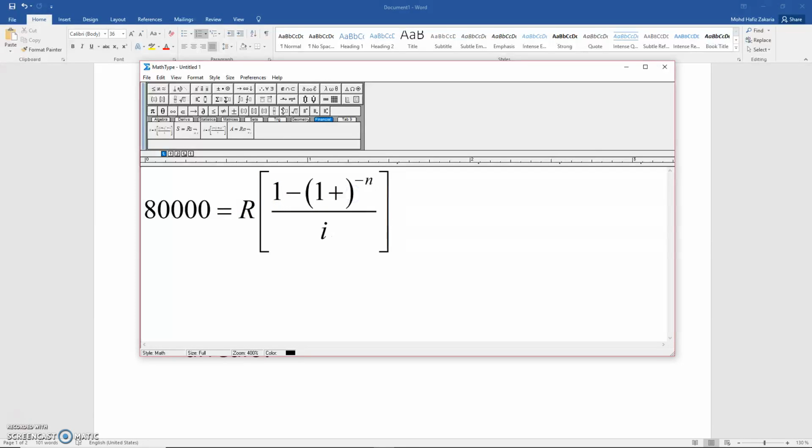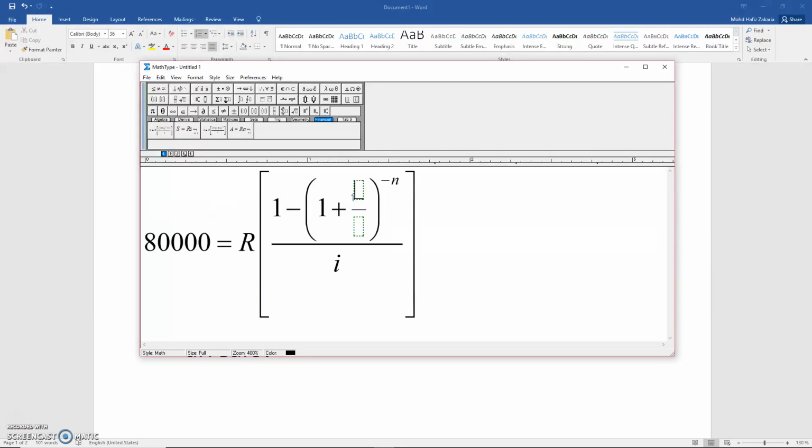The interest is 12% compounded monthly, so 0.12 over 12. For 3 years monthly, that is 36 times.